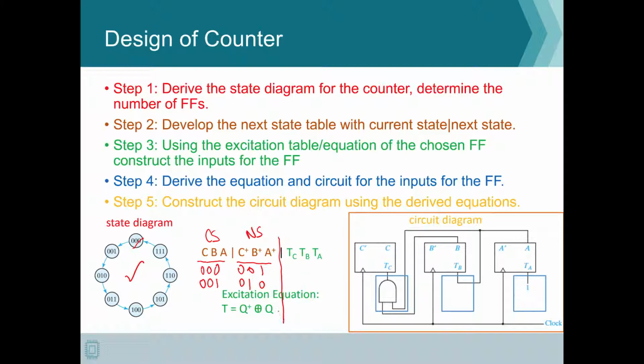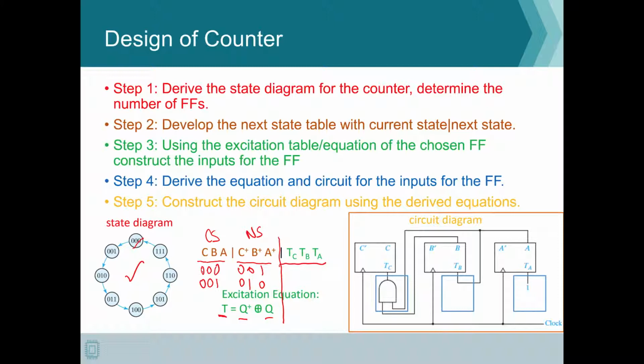Once you construct the table, we can use either the excitation table or the excitation equation and try to determine what your input is. As we know, the excitation table or excitation equation considers what your current and your next state are, and then determines the input that caused that transition. So here, as you can see, this is our next state equation.